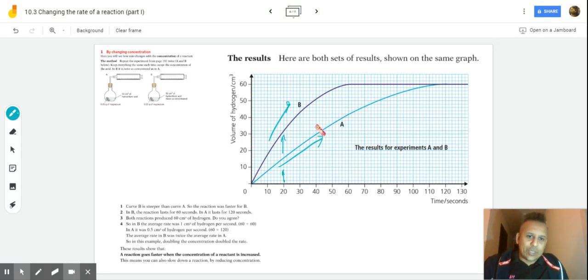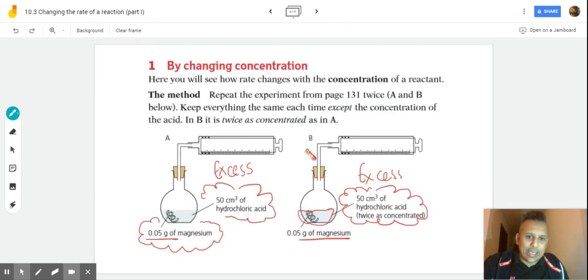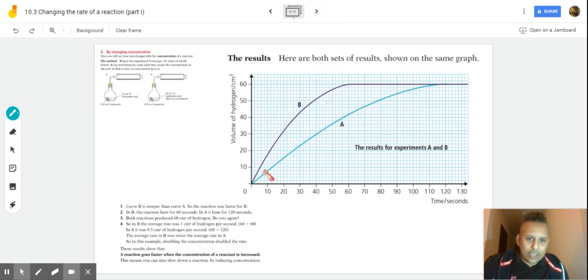Now, let's just focus on what happened in experiment A. In experiment A, you can see that the chemical reaction was taking place. Let's just change the ink color just to make it clearer. It was running, and then the magnesium was starting to run out. The acid was still there because it was in excess, but the magnesium was running out.